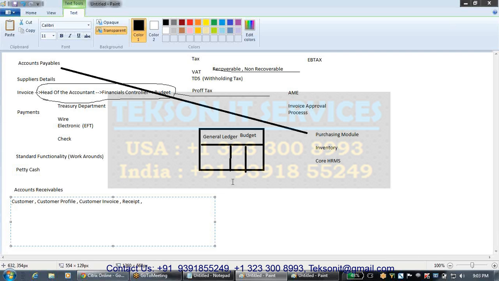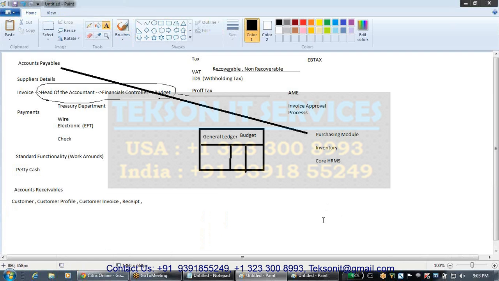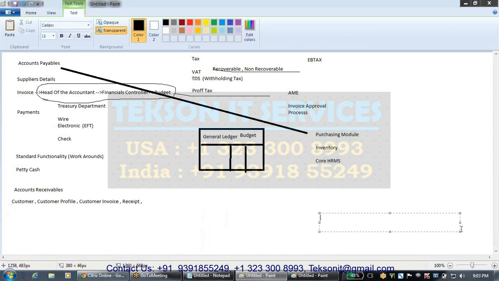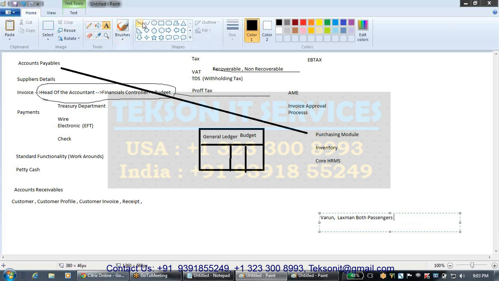A simple example I will give you. Varun and Lakshman are both passengers. You want to book a ticket, you want to fly to Delhi.